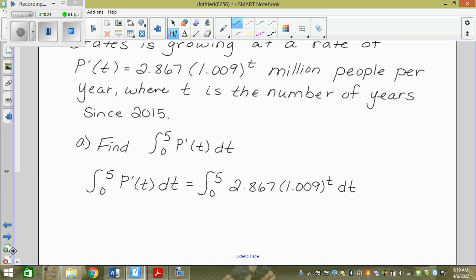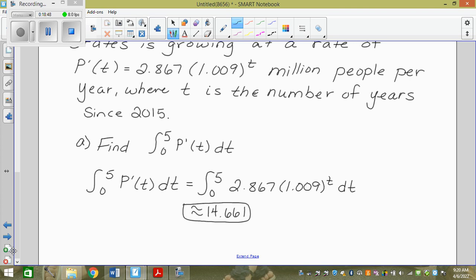Then they'll say lower limit, you go to 0, enter. And 5, enter. So you should get somewhere near 14.661. So you would show, okay, approximately 14.661 would be your answer.